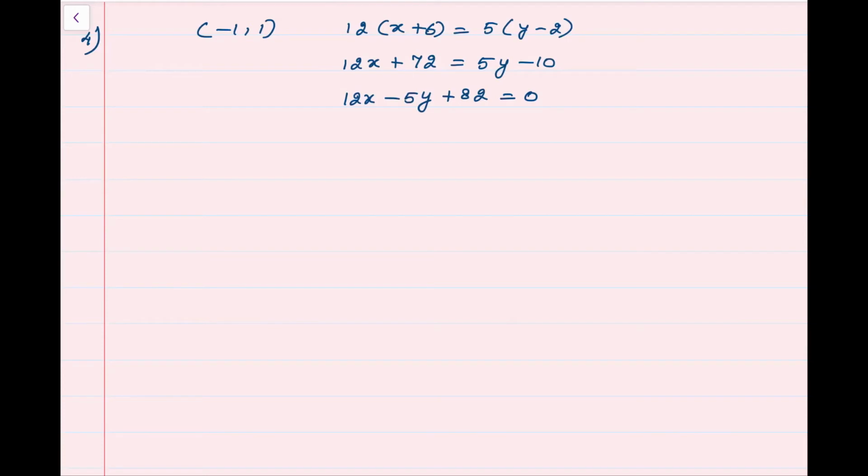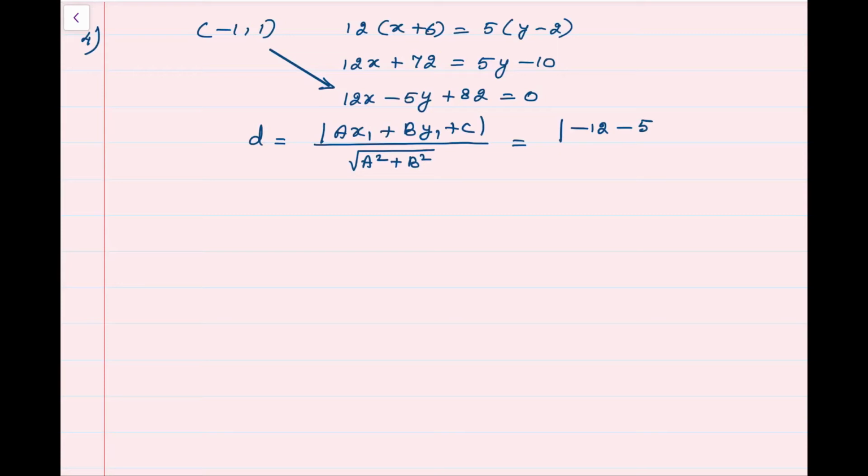We know the formula to find the distance of a point from a line. The formula is absolute value of ax1 plus by1 plus c divided by root of a square plus b square. Substitute this point in the line equation. That is the numerator 12 times minus 1 minus 5 times 1 plus 82 under absolute value sign divided by root of a is the coefficient of x and b is the coefficient of y, minus 5 the whole square, which is 5 square.